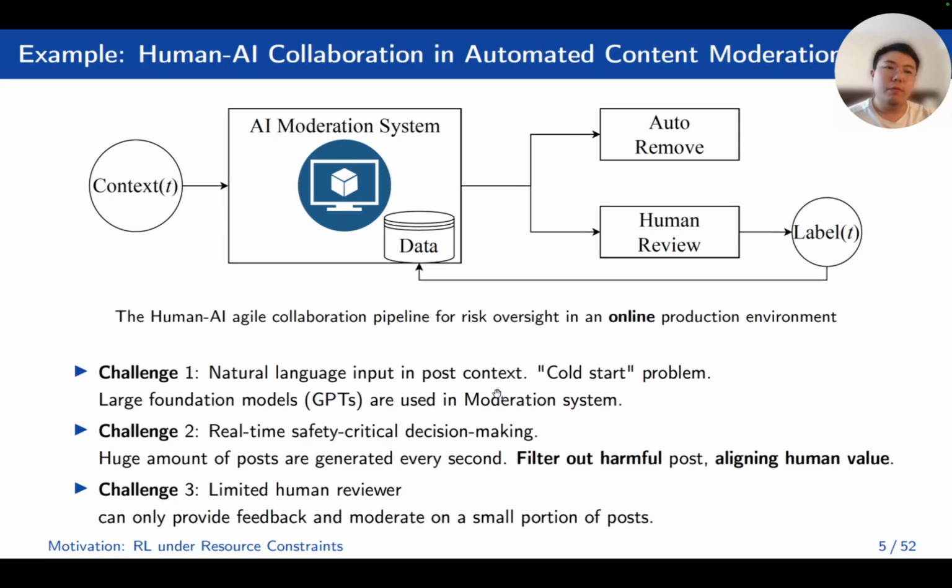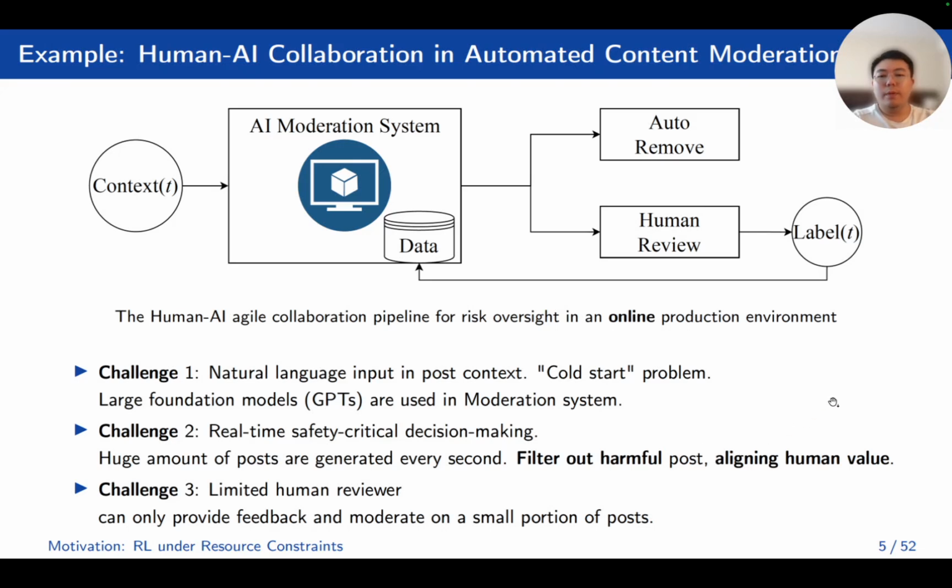So this faces limited data collection budgets, because human reviewers will review such content and provide the label of the content, whether it is aligned with human values or not, to improve the future capability of this AI moderation system. So this is an online decision-making process, which can be modeled as a kind of contextual bandit problem. But essentially, this is a very appropriate example that exemplifies the challenges I mentioned.